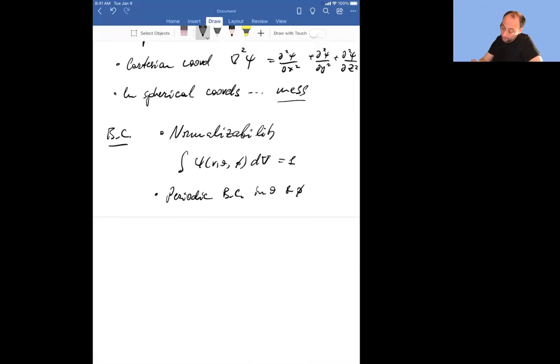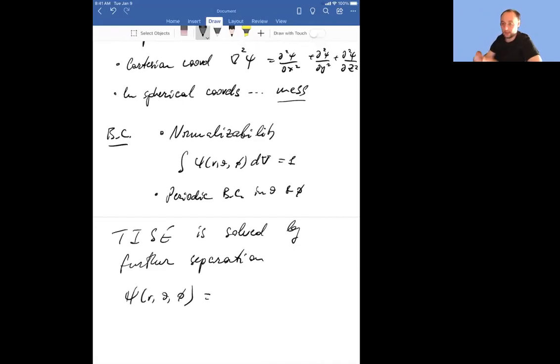Now, the time-independent Schrodinger equation is solved by further separation into a function of radius, a function of the polar angle, and a function of the azimuthal angle. Your textbook does this.